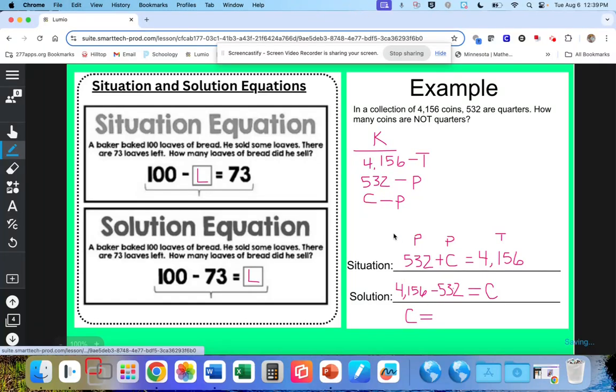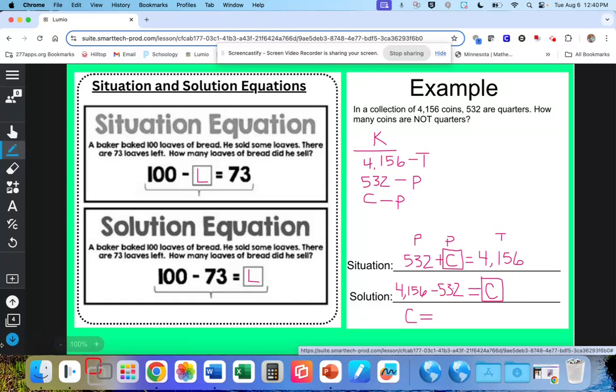But the main part I wanted to show you was exactly how to find a situation which contains the variable right within the problem, and then the solution that we're solving for that variable. You really have to keep those 2 different situations in mind. Situation, variable inside equation, solution, solving for it.